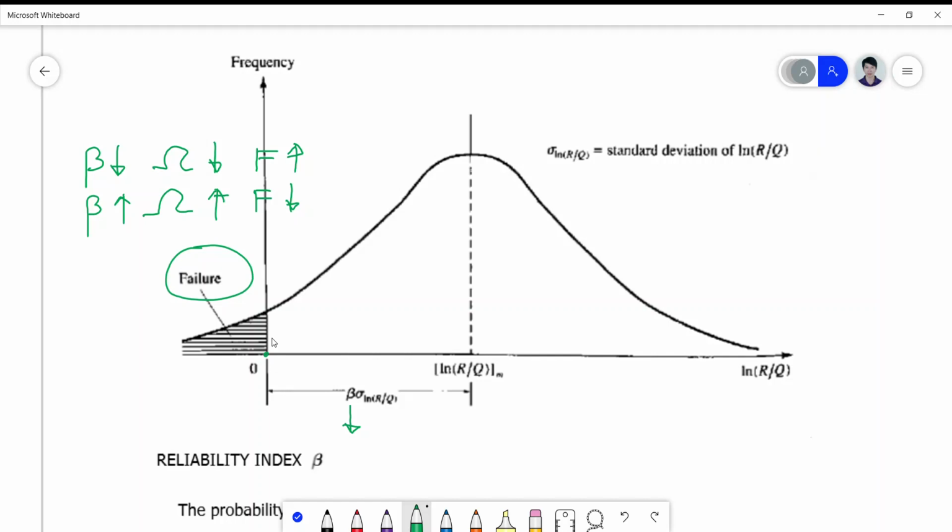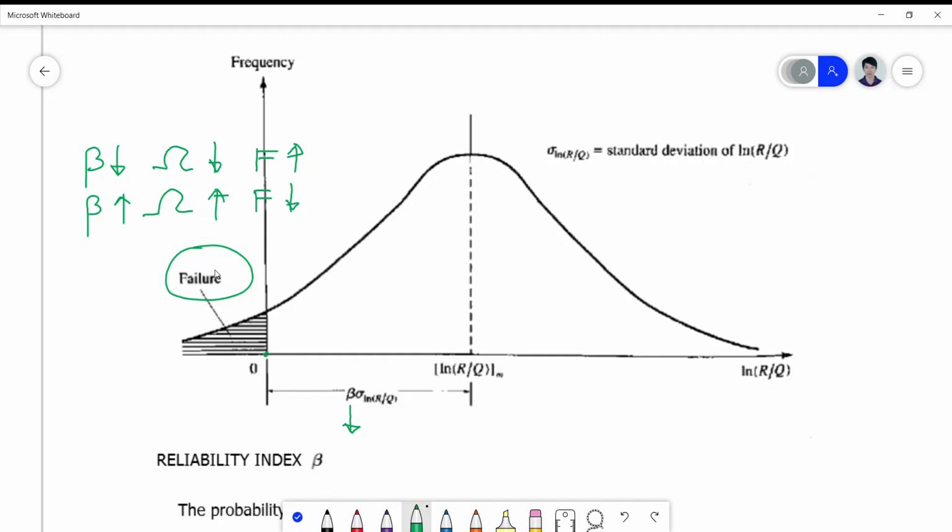Of course, naturally, when you want to make use of a reliability index, it's not good to make it too big. When beta is too big, then your failure will become very, very small, but your structure will be costly.